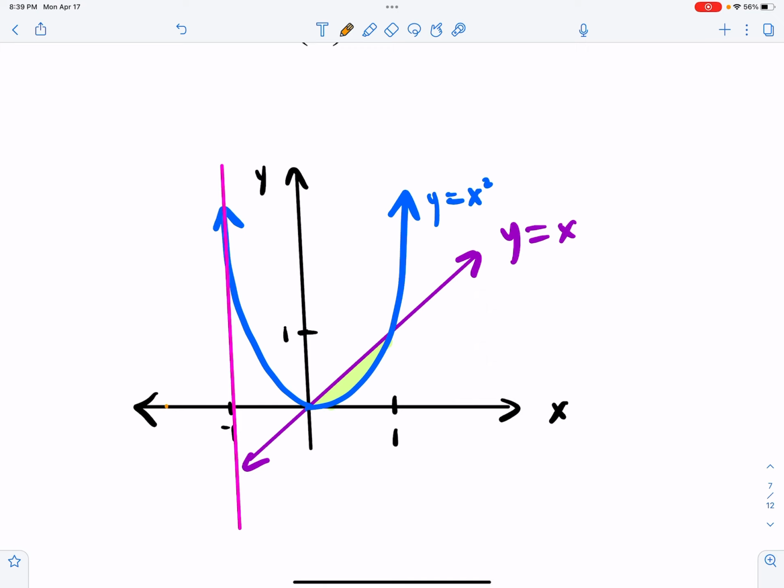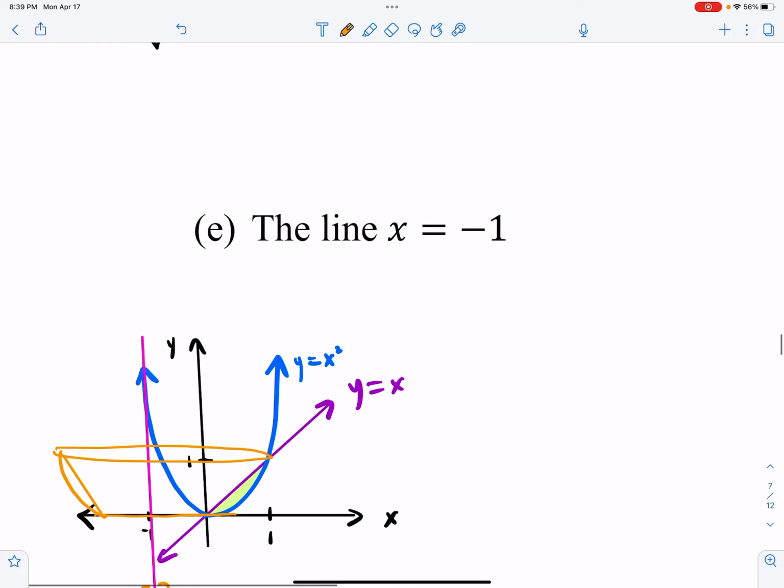Oof, maybe I shouldn't even attempt this. It'll look, oh geez, it'll look kind of like that. Kind of like a bowl that doesn't have a bottom. Or, I don't know, it reminds me of one of those old chunky bangle bracelets that you could wear. Rotating around x equals -1 though.